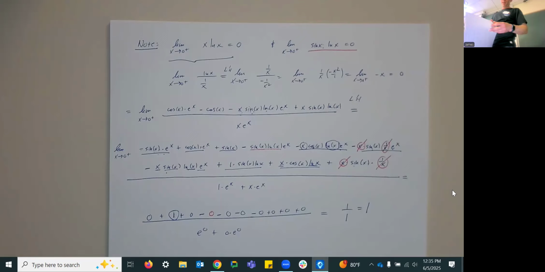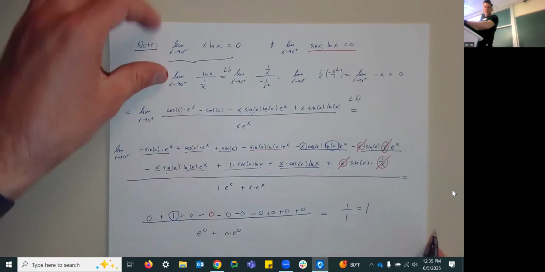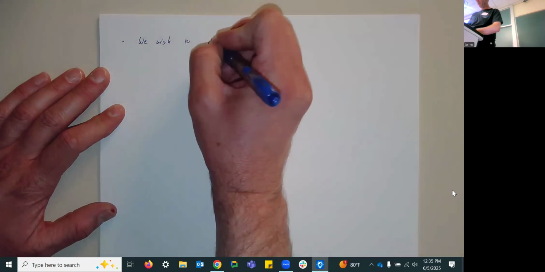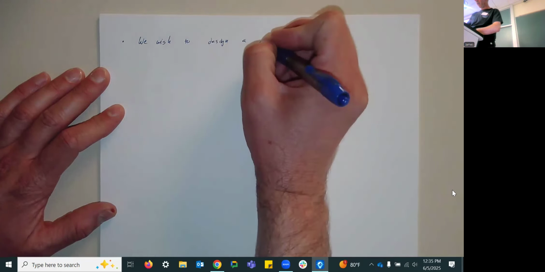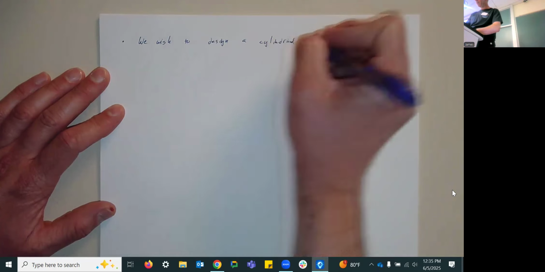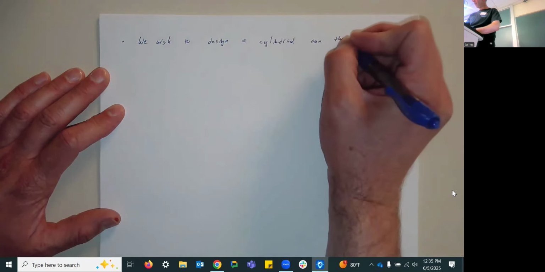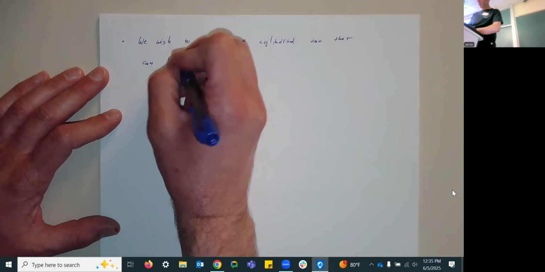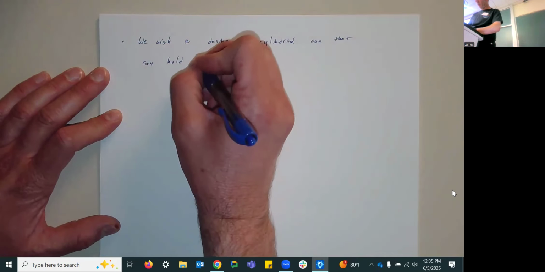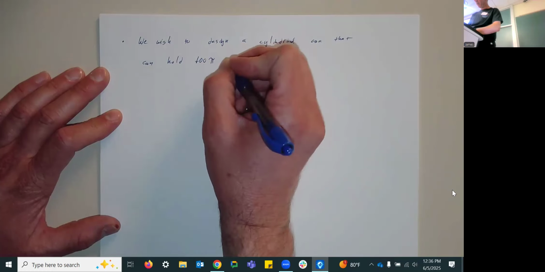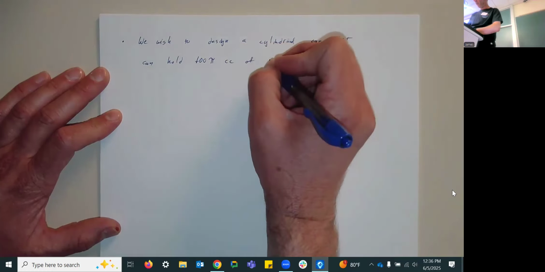So let's look at a couple more optimization problems. Yeah, this is a pretty classic type of problem here. So we wish to design a cylindrical can that can hold, I'm going to try and make the numbers not too terrible, let's say 100 pi cubic centimeters of volume.